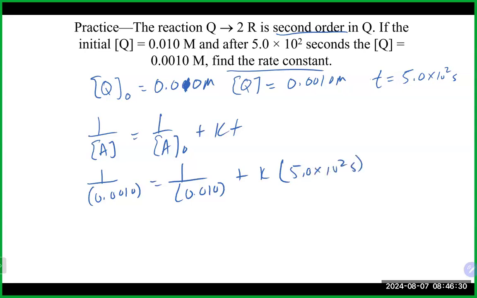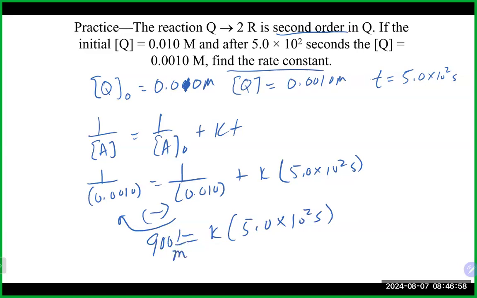Mathematically, I would take 1 divided by 0.001, and then I would subtract 1 divided by 0.01 to the other side. That is going to give us basically 900 is equal to k times 5 times 10 to the 2 seconds. And that is, by the way, 1 over molarity is the units here, as these are molarity.